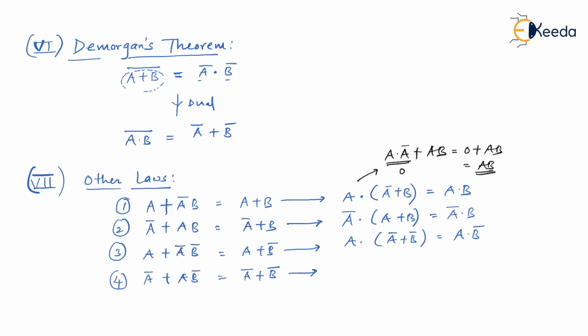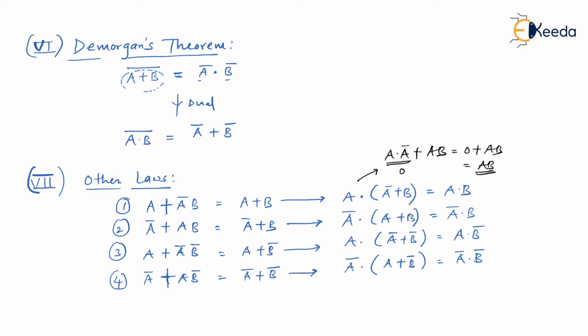The fourth relation is written as A bar plus AB bar. So I can write this as A bar as it is. Again, the sum becomes a product. Then in the bracket we have A plus B bar, and this is equal to A bar dot B bar.